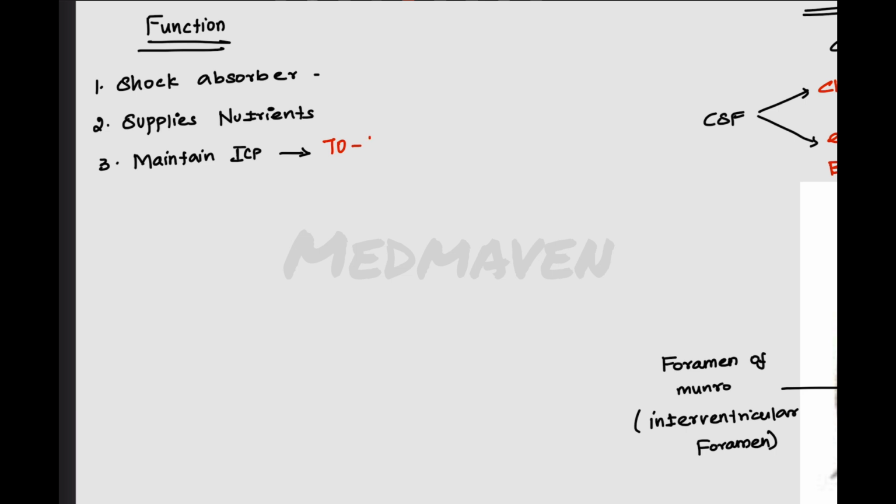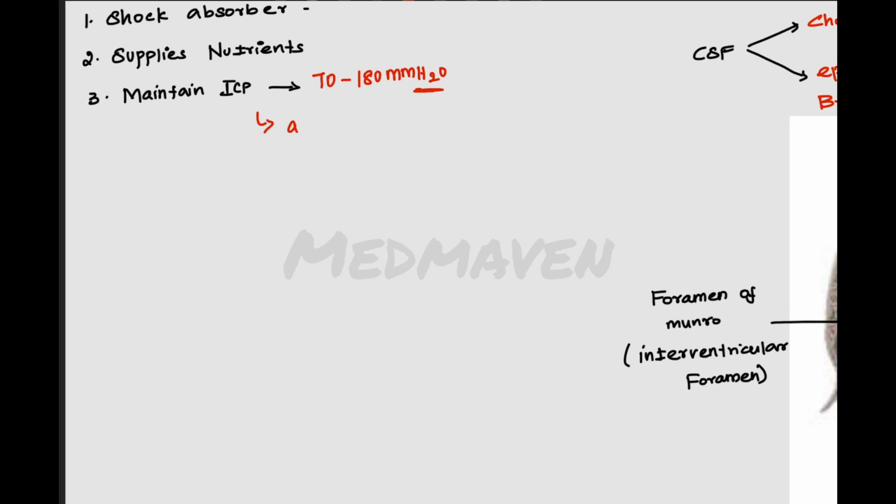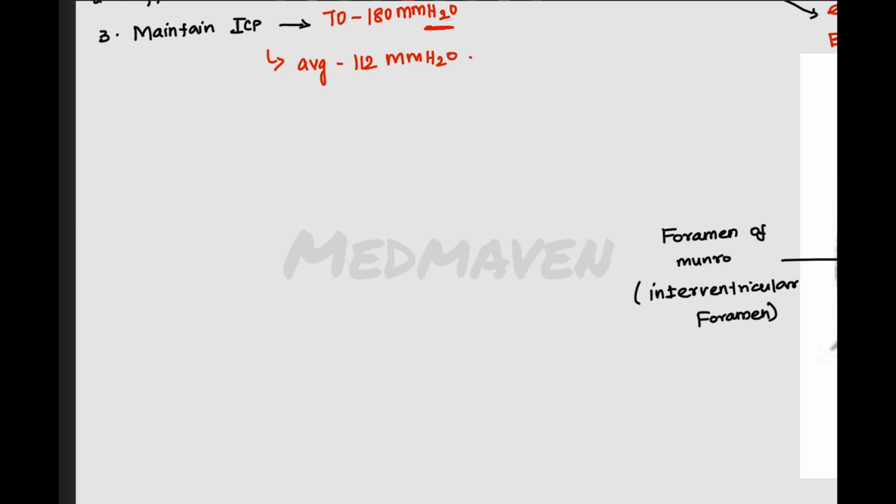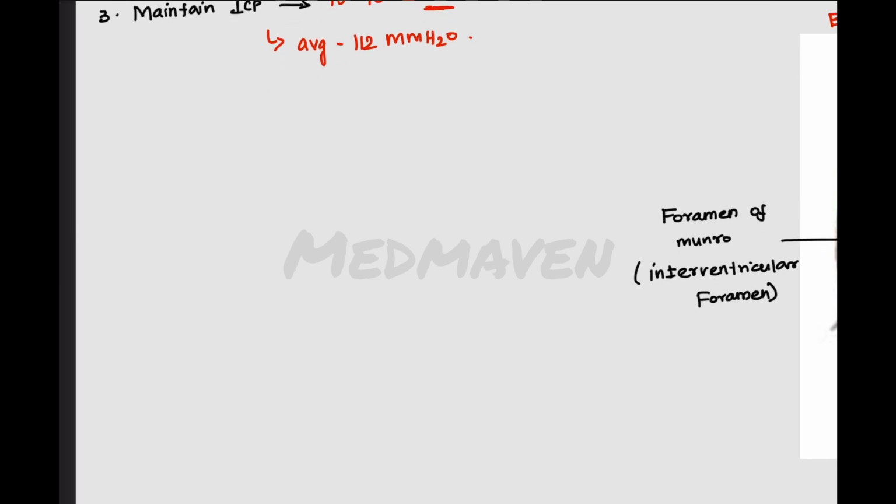We know normal intracranial pressure is about 70 to 180 mm of H2O. We have to measure the pressure of CSF in mm of H2O, not in mercury. Average intracranial pressure would be 112 mm of H2O. So CSF maintains the intracranial pressure constantly.